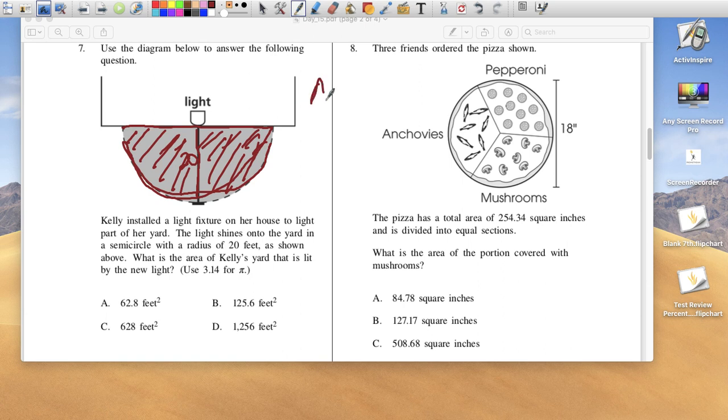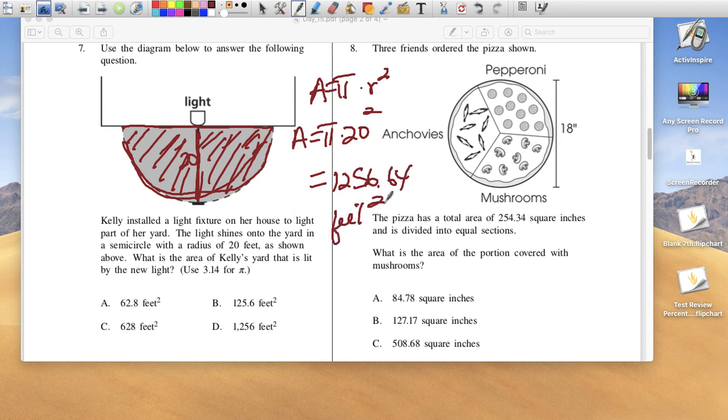A equals pi r squared. The radius is 20 to the second power, so 20 squared is 400 times pi. It's going to give us 400 pi, or 1,256.64 feet squared.